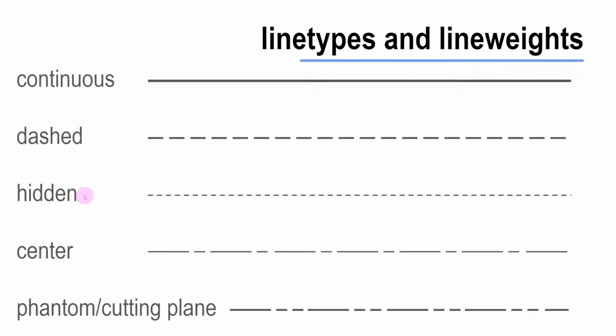series of, for lack of a better word, dashes. Now, a hidden line is a series of short dashes, and again, if we remember from our orthographics lecture, hidden lines are showing features that cannot be seen in our current view but still exist. But in architectural drawings, they're typically used to show things that are above our current line of sight. So if we're situated at 4 feet above the top of the floor, we'll be able to see quite a lot of features of the house, but we may not see upper cabinetry in the kitchen, or if it's a house that has stairs, we'll see some parts of the stairs, but not all of it.